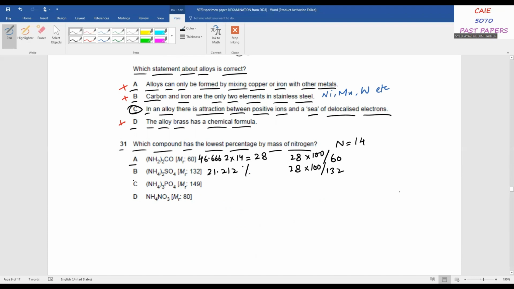Number C, now you are having 3 nitrogen atoms, so you will multiply 3 by 14 and you will get 42. 42 will be multiplied by 100 and divided by the MR of ammonium phosphate, which is (NH4)3PO4. It is 149. You'll get 28.187.